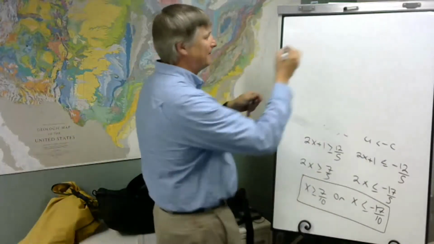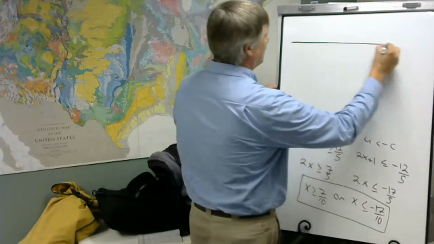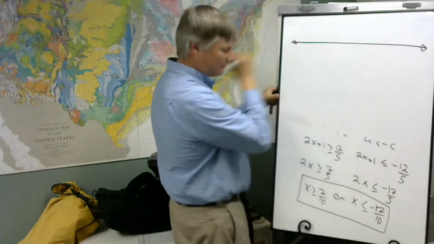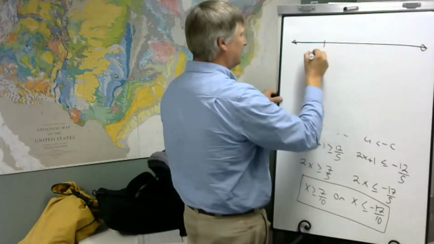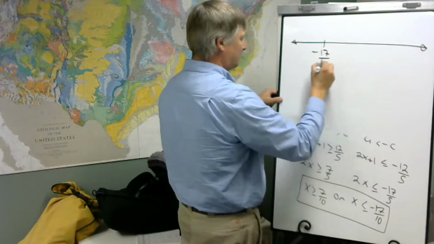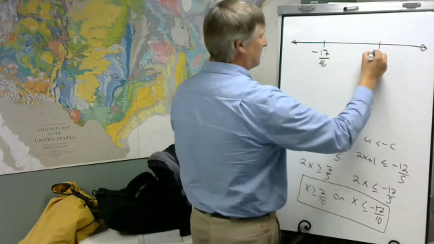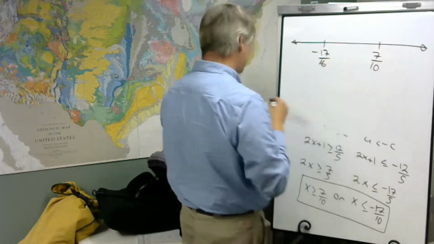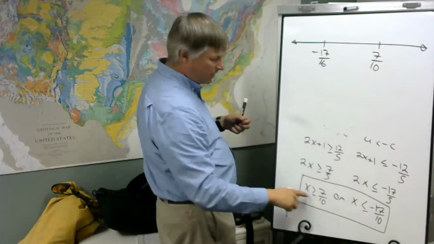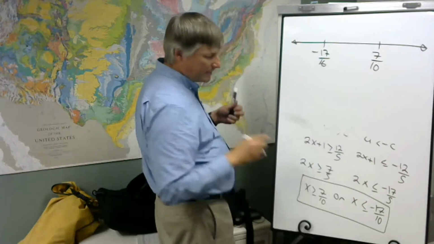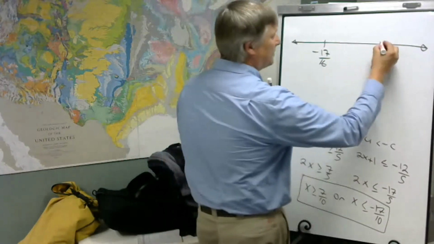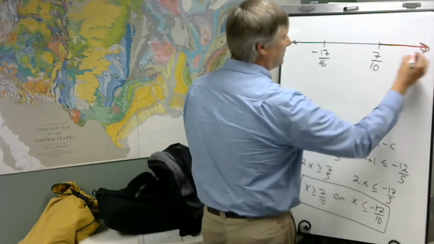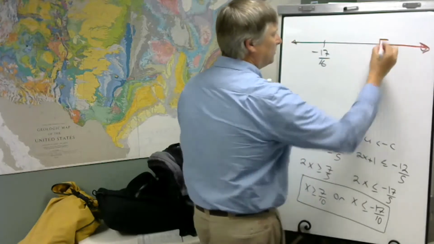Well, on a graph, we want numbers greater than or equal to 7/10. So here's all the numbers greater than 7/10, and we're going to include them.